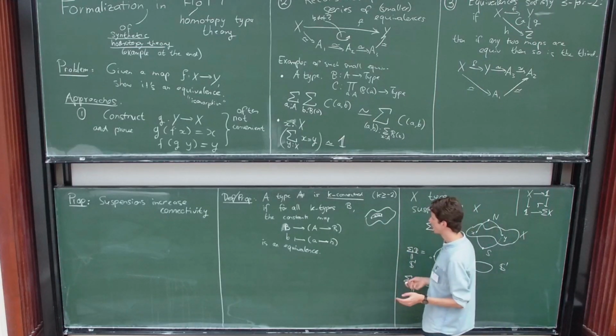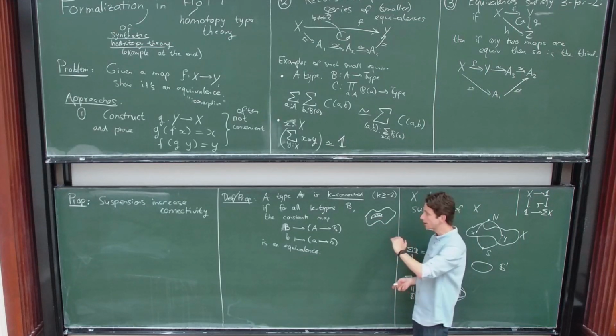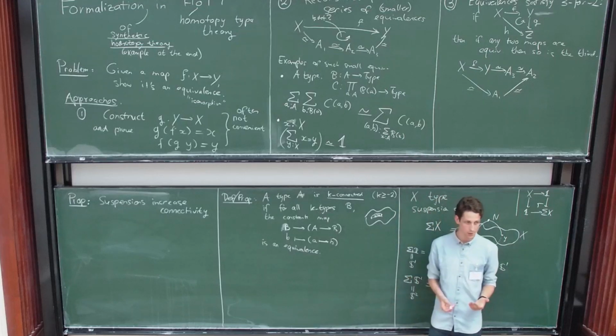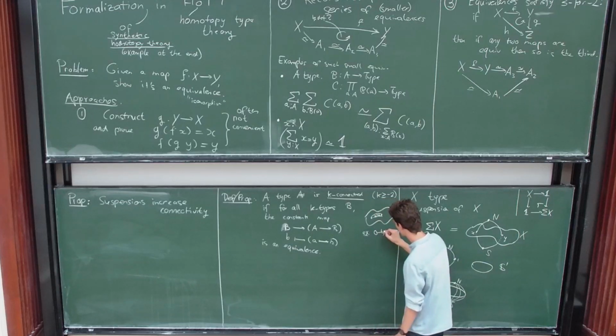Now, you could say, what if this process stops at a certain level? And that's exactly what this K-type notion formalizes. So an example here is that a zero type, so zero types are sets.